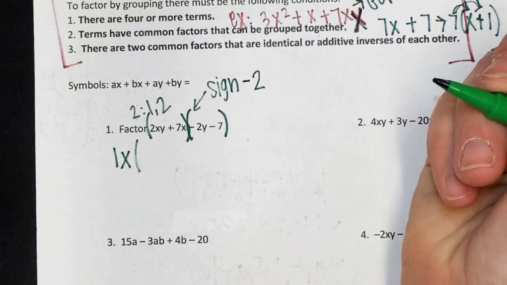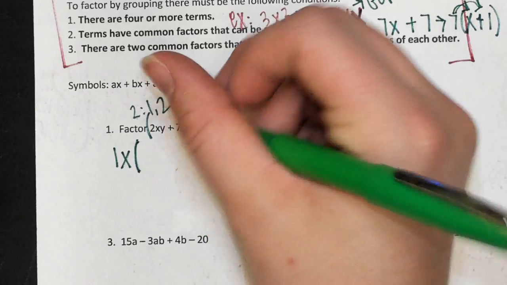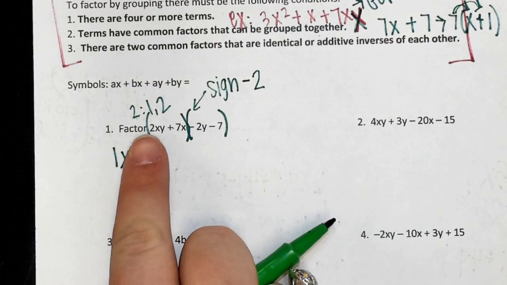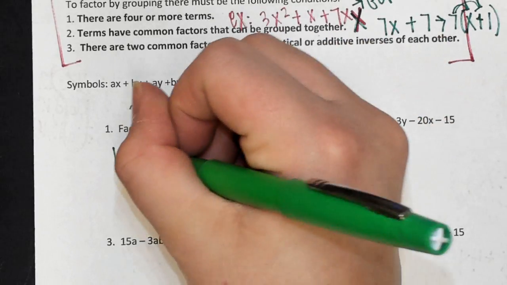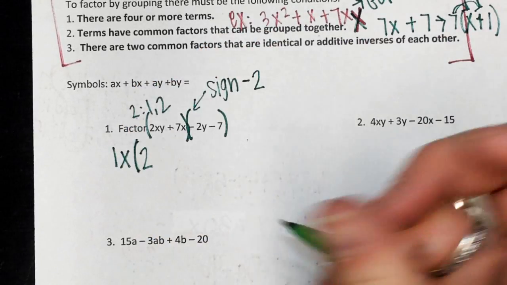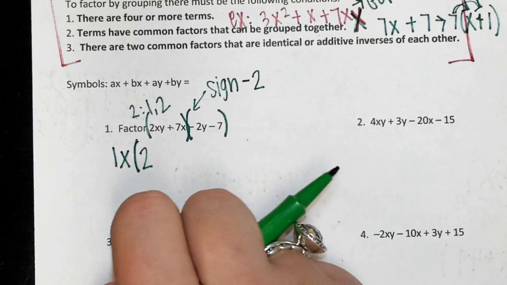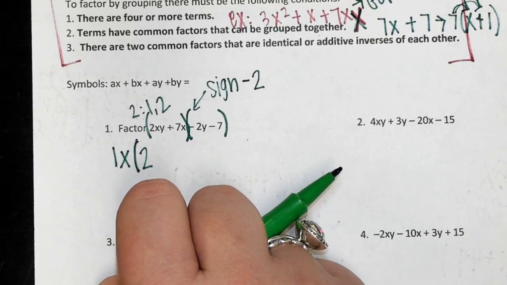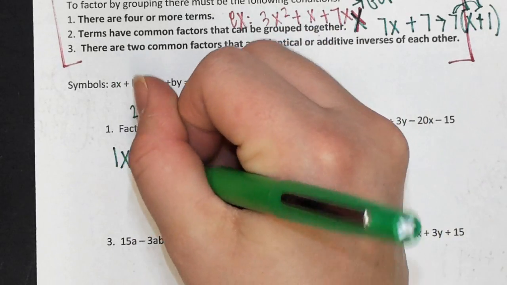Open your parentheses, and let's write our remainder. Well, I need to get to 2. 1 times what is 2? 2. I have 1x. I need 1x, so I don't write anything. I don't have a y, but I need a y, so bring down a y.